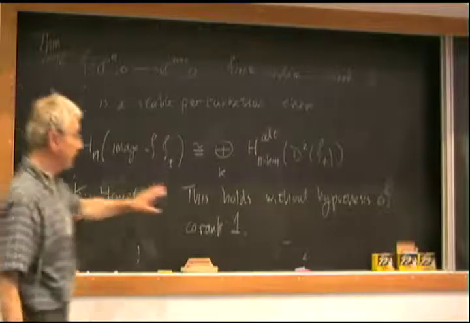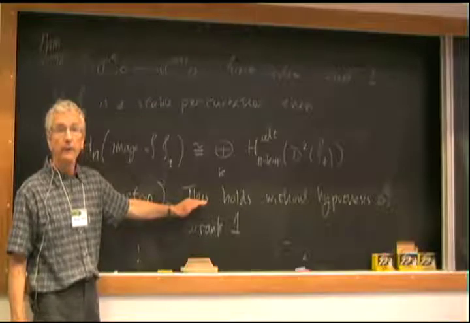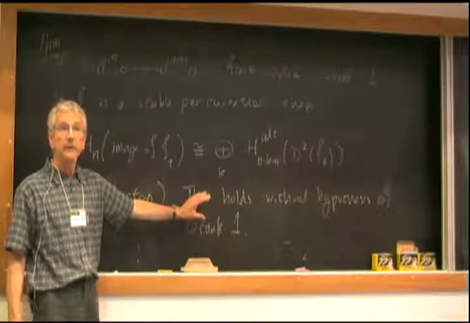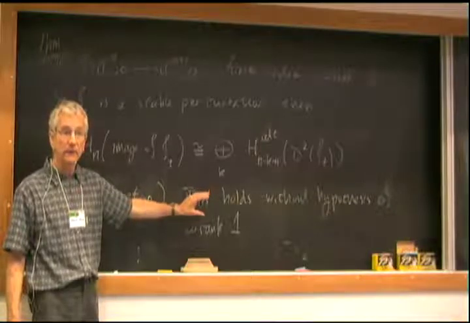So what he showed is that the alternating homology of all these multiple point spaces is still concentrated in middle dimension.